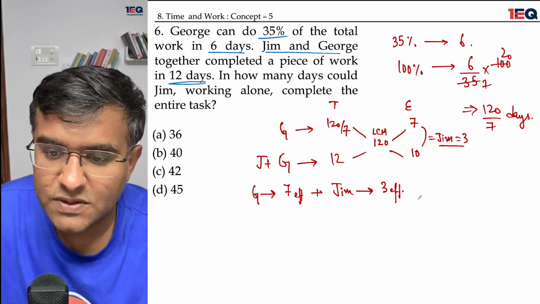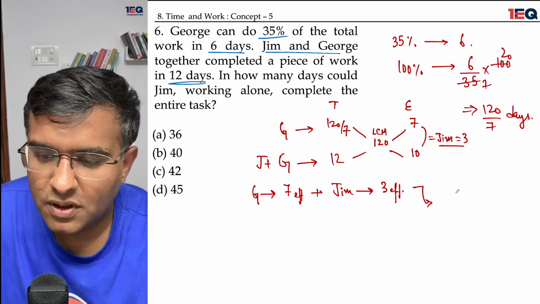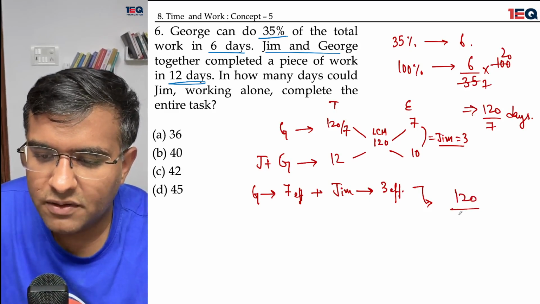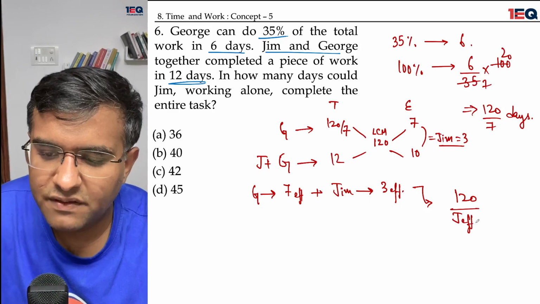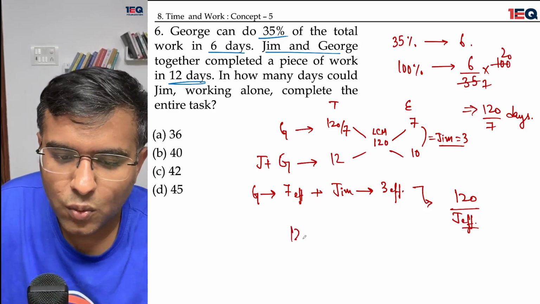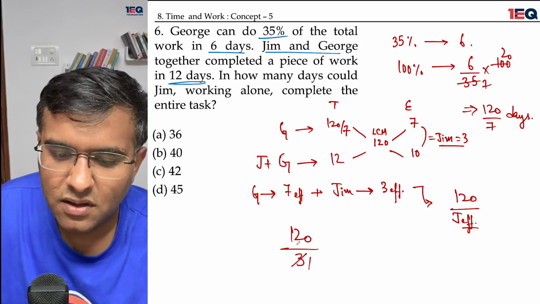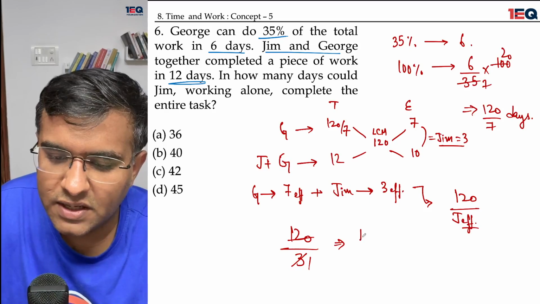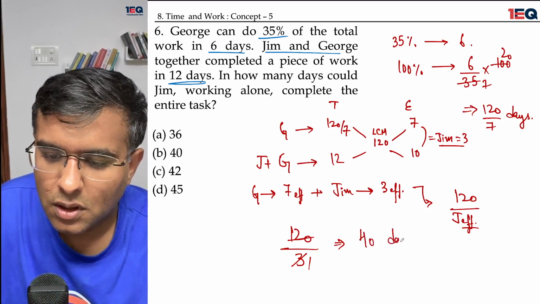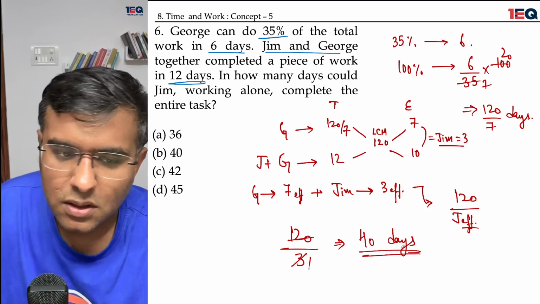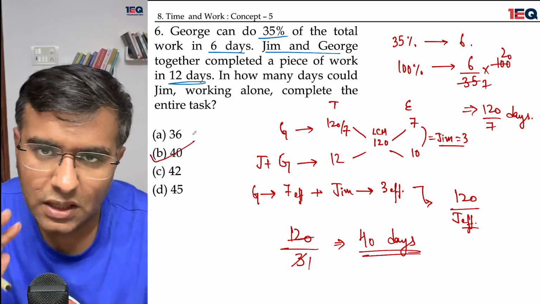How would that be possible? We take the total work and divide it by Jim's efficiency. So 120 divided by 3, which is Jim's efficiency, gives the answer as 40 days. That would be my final answer.